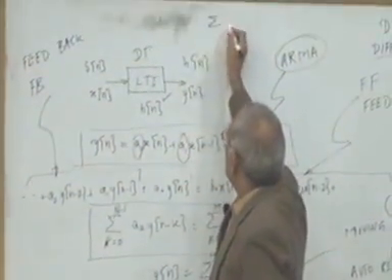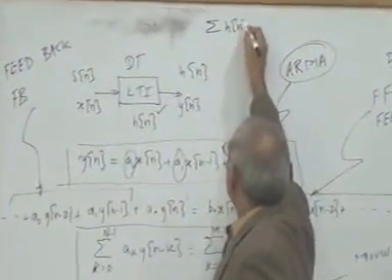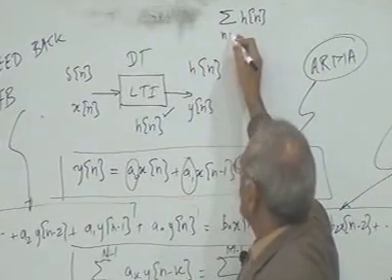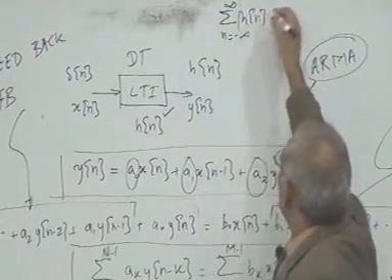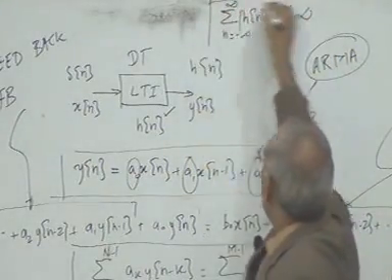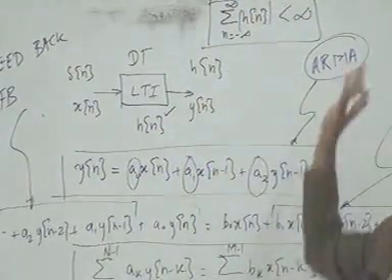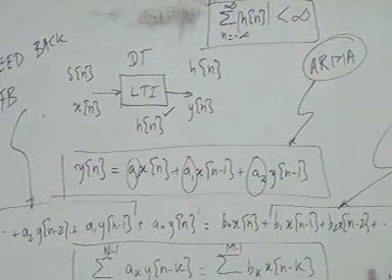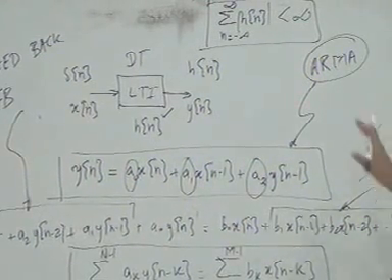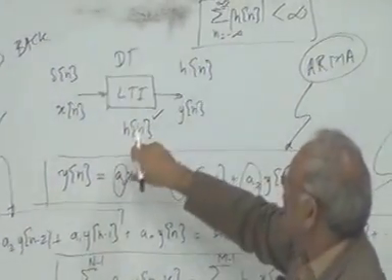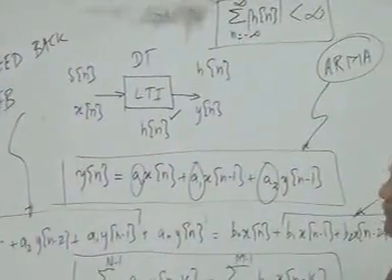The condition was the summation of the absolute value of h of n, for n from minus infinity to infinity, should be less than infinity. It should be absolutely summable. So if we sum up all the terms together, we should get a value which is finite. That is how we can find out the stability of a system if we are given the impulse response.